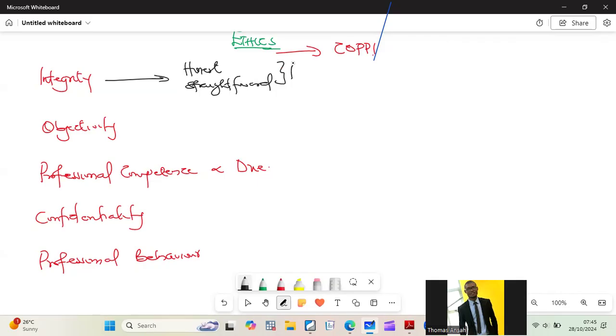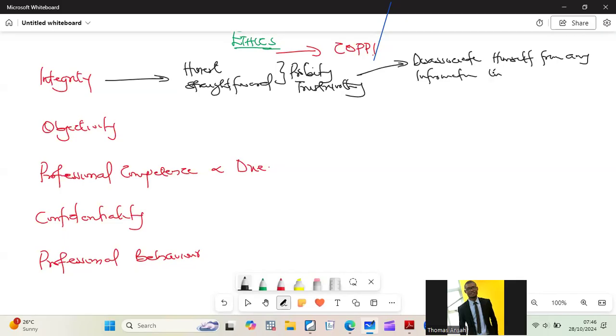It means what we call probity, a high level of trust. So you can also say trustworthy. The idea here is that the professional accountant should disassociate himself from any information that is misleading.